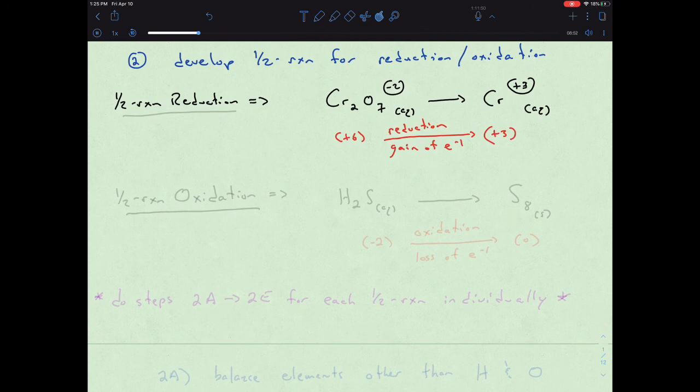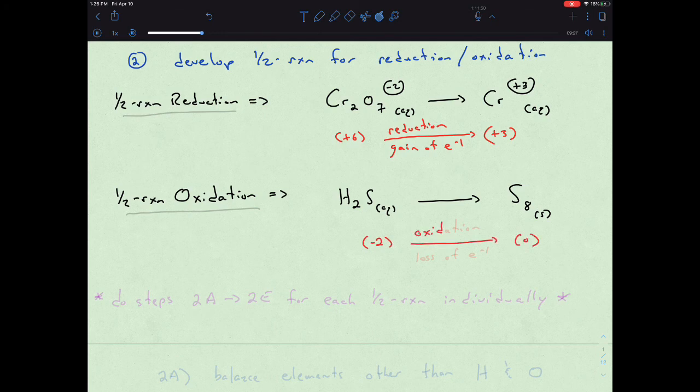And then we want to do the same thing for now our oxidation half reaction. And so we would look at the sulfur, going from sulfurous acid to S8. And if we look at the oxidation numbers, we have our -2 going to 0.